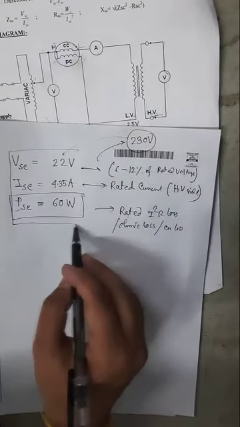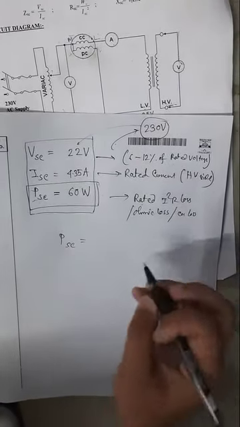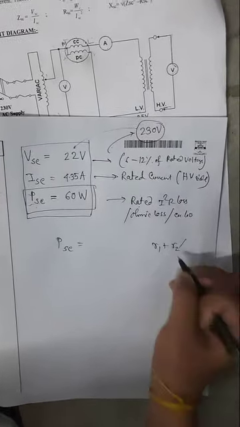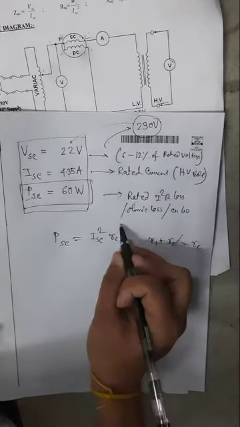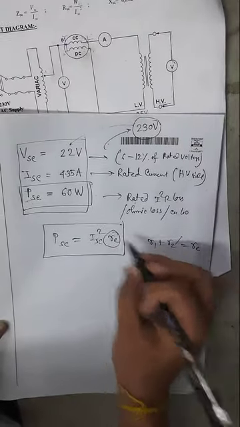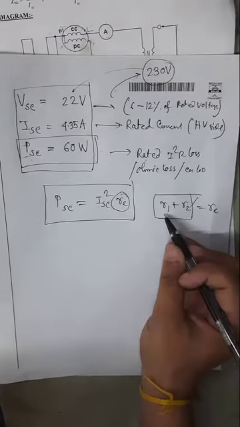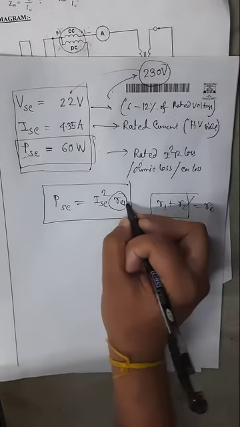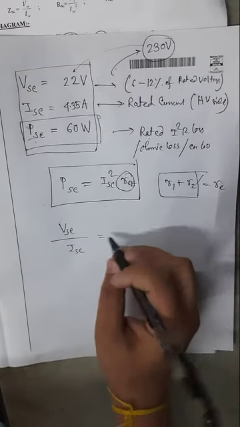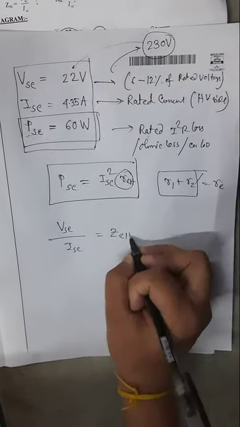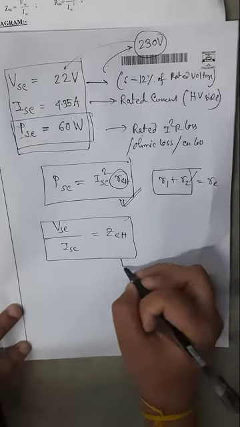So using this data, VSC, ISC and PSC, we can calculate the total resistance. Using PSC, you can get R equivalent, that is the sum of the winding resistances referred to the high voltage side, so it is REH.